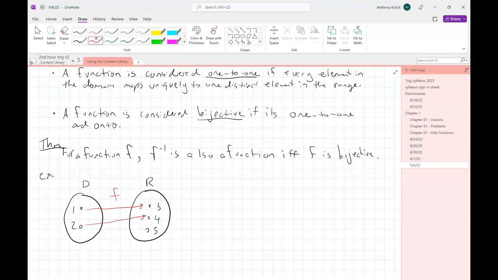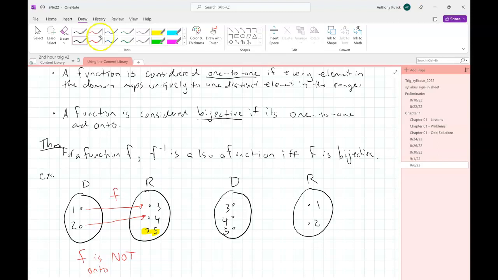So if we look at this function f, is f onto? No. Why not? Because 5 isn't being used. If we write the inverse for f, what are we going to notice here? Is f inverse a function?